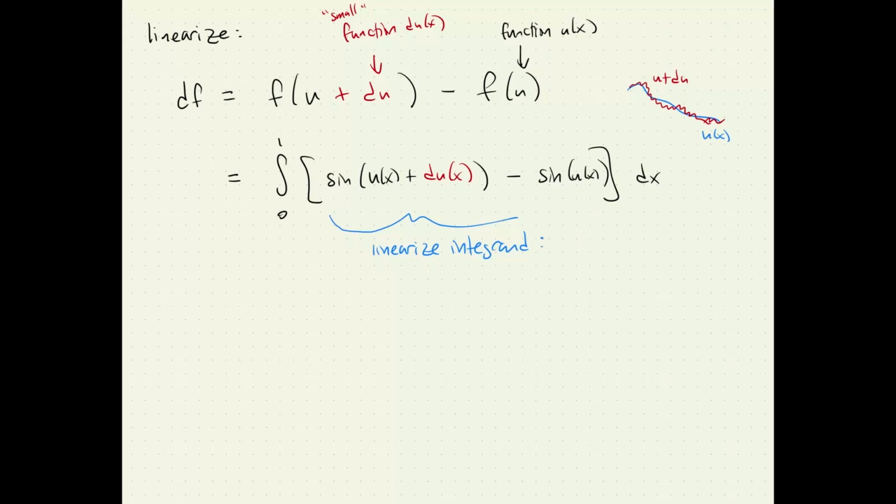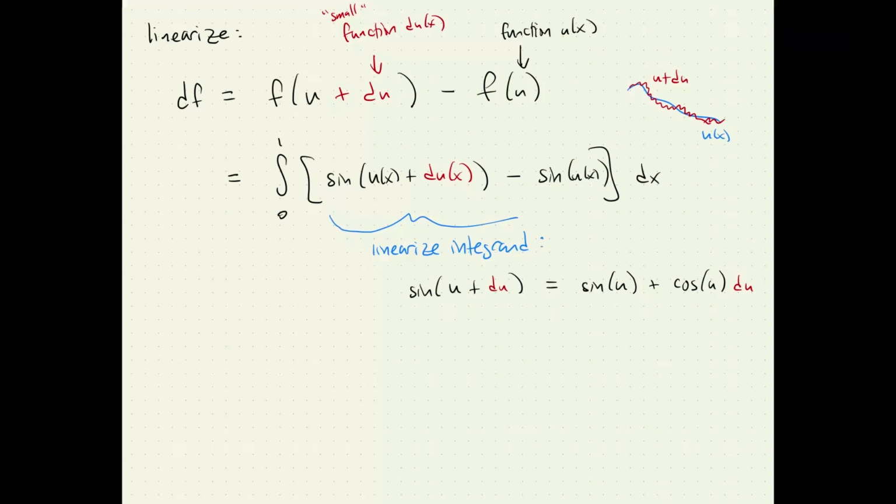What is sine of u plus du? Right? That's equal to sine of u plus the derivative, which is cosine of u times du. This is just because du is a function, but du of x is just a number.